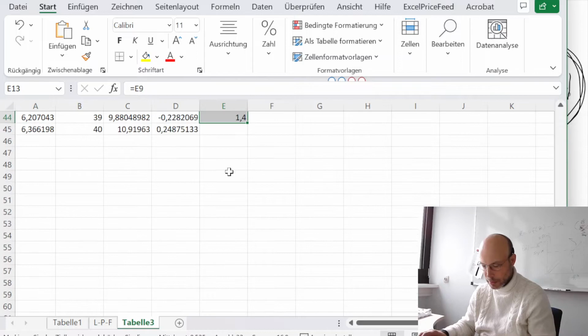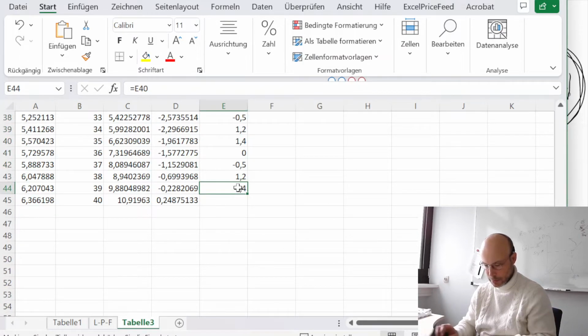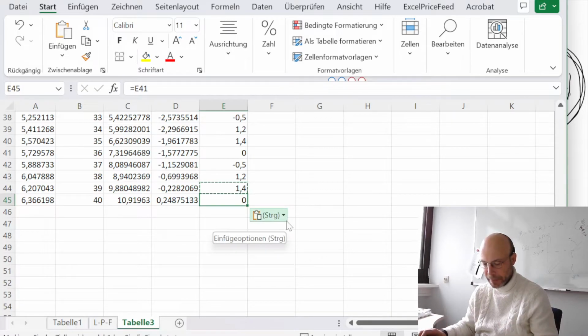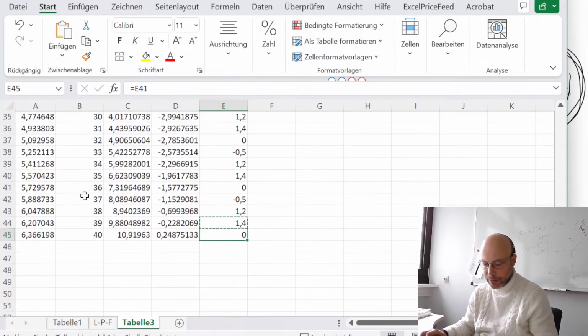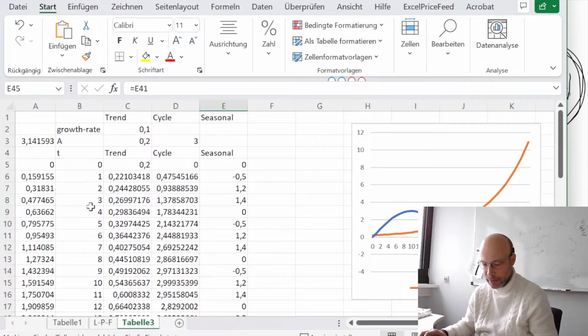Yes, and this last data point. Since I started my time series at time t is 0, of course, then if I go to t is 40, I have 41 data points.